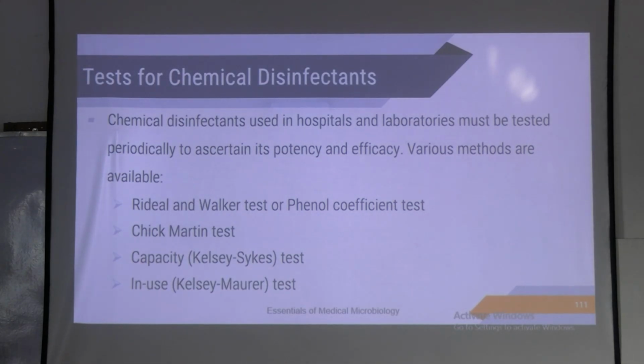So what will be the outcome? There will be an outbreak of a disease. We have to prevent that. So very frequently we must test whether these chemicals are actually working in a practical environment or not. There are a few tests like the Rideal-Walker, Chick-Martin and the Kelsey-Sykes test.